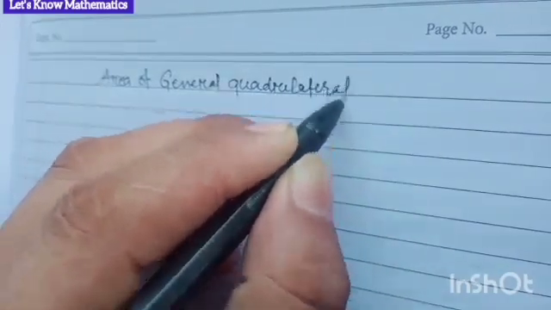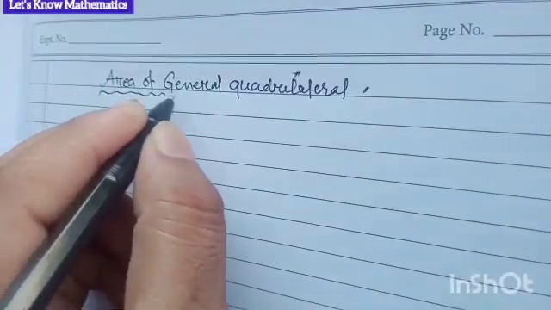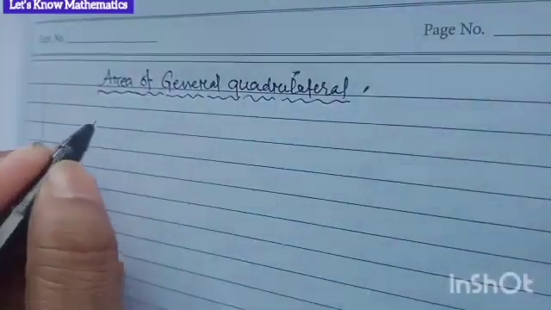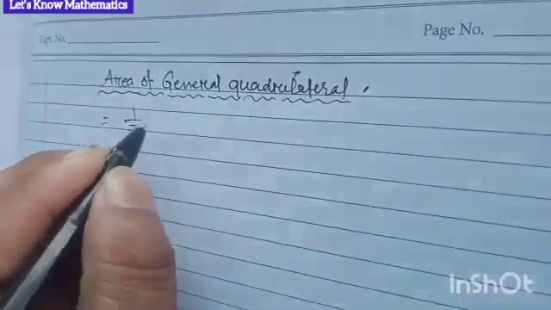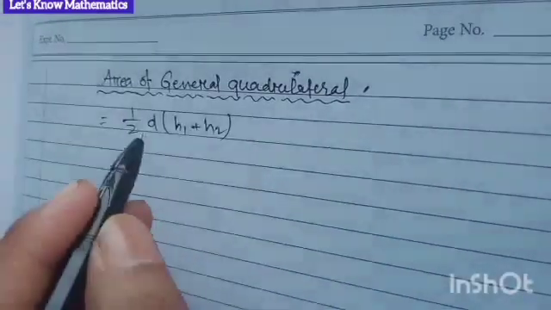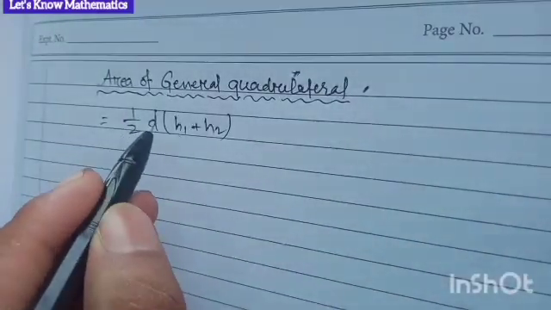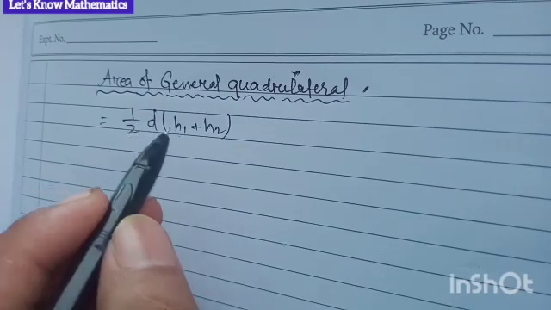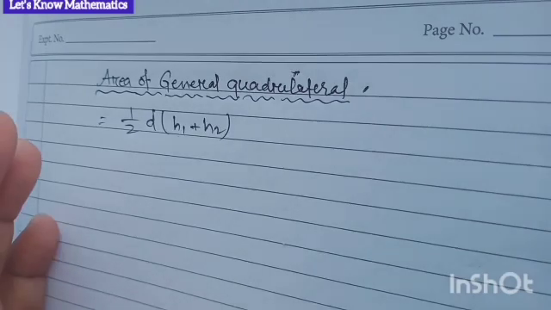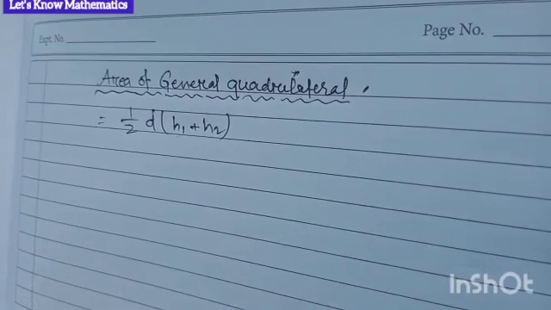Just remember that the area of a general quadrilateral was 1 by 2 into d into (h1 plus h2), where d means the diagonal, and h1 and h2 are height 1 and height 2. So let us understand by taking an example.